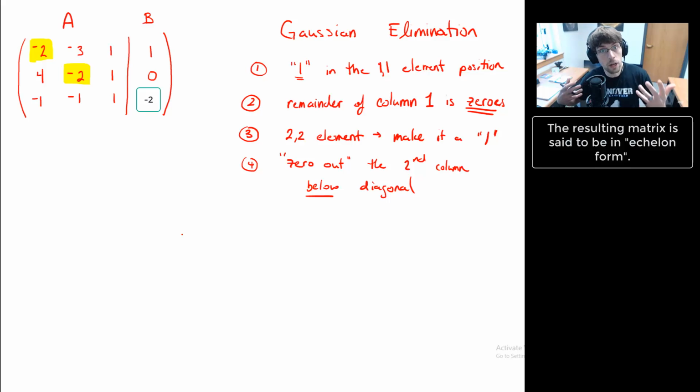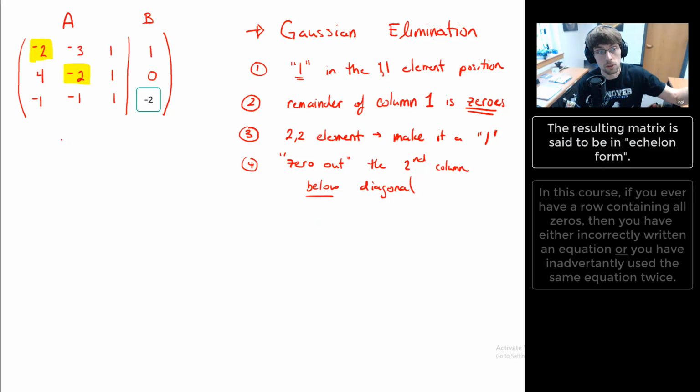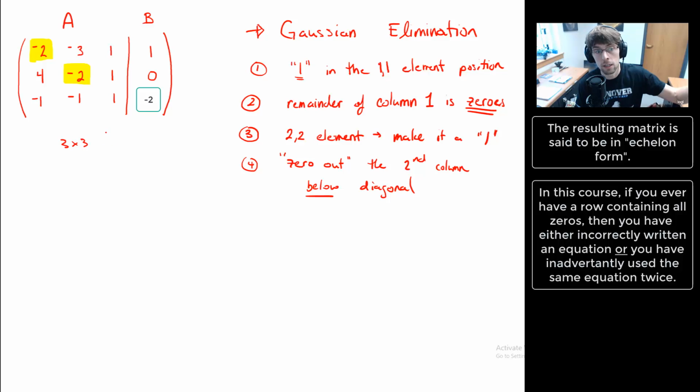So the thing I'll highlight to you, even though we have a 3 by 3 matrix that we're trying to solve, this process of Gaussian elimination can be extended to any size matrix. Okay, so 3 by 3, a 10 by 10, heaven forbid, 100 by 100. So this process will always work.